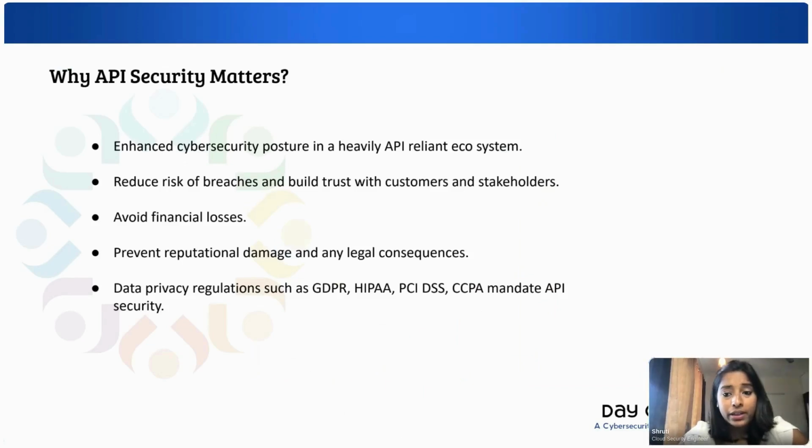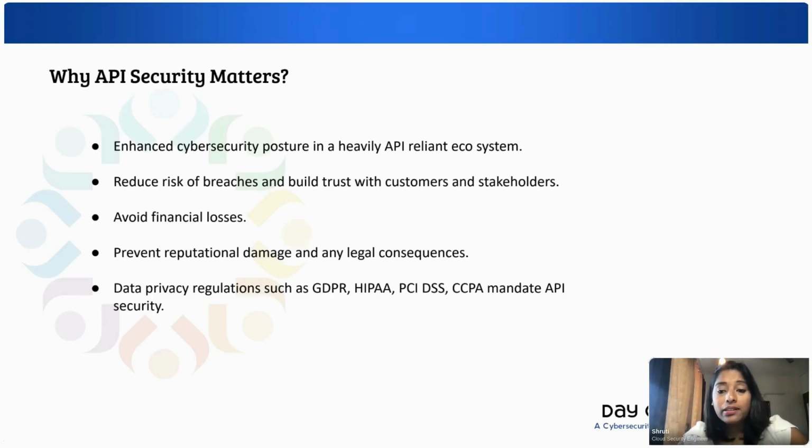Why API security matters. We live in a digital era where organizations heavily rely on APIs to facilitate seamless communication and integration between systems and applications. And failure to secure APIs can have severe consequences, including financial losses, data breaches, reputational damage, and loss of customers' trust.